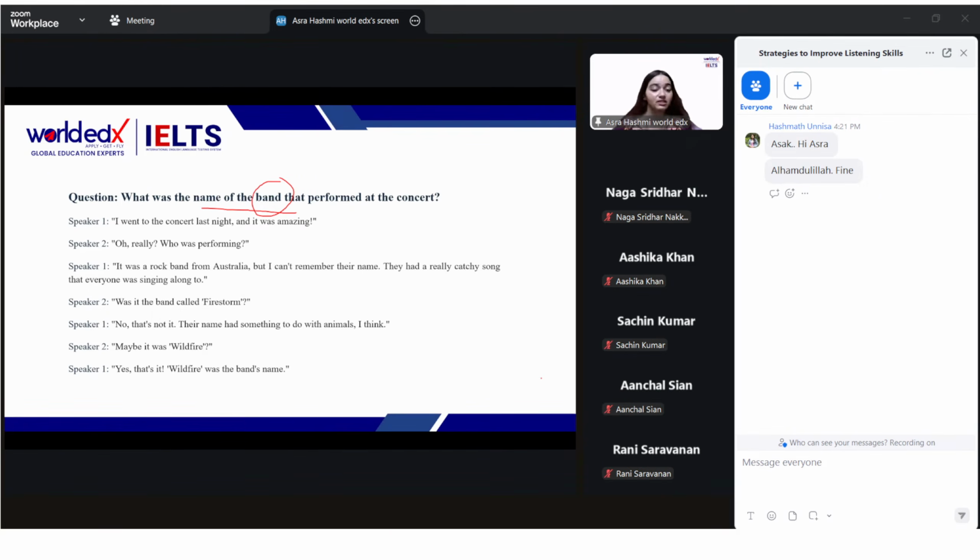For example, let's say Hashmat and I are talking about when she is going to file her exam date. So Hashmat says initially I was planning, and I would tell Hashmat, I think you're going to give the exam on the 2nd October.